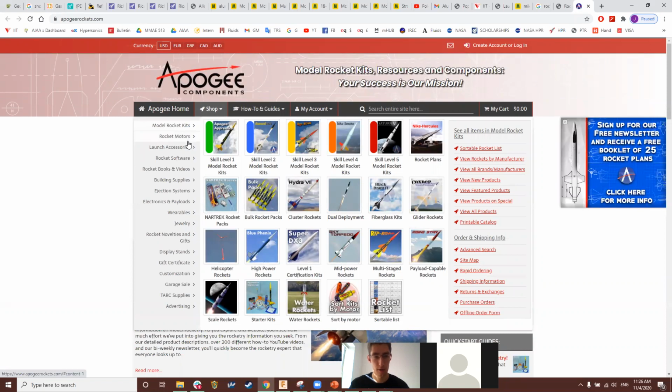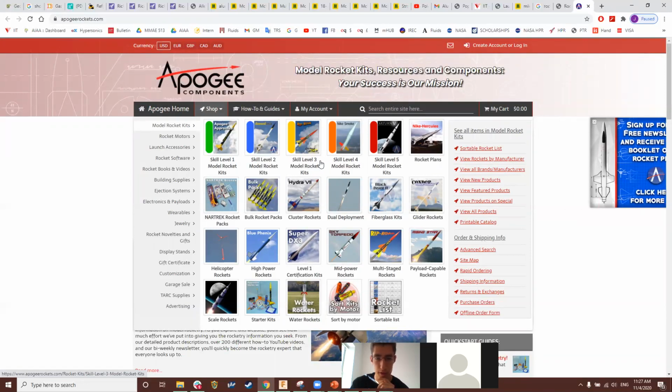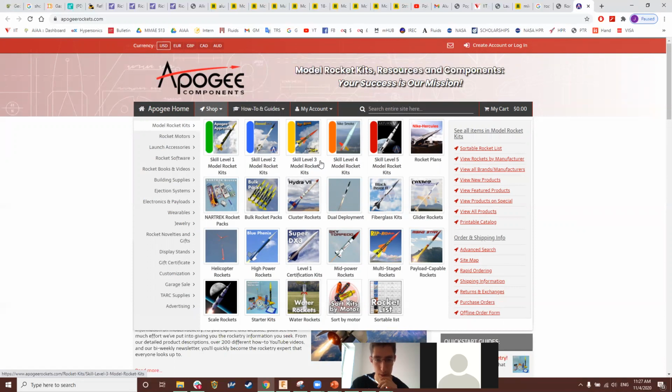You can look for some rocket kits. They have high power rockets. Just to explain, skill level is something they came up with, how difficult it is to assemble the rocket. It doesn't have to do with certification level. It's something separate.